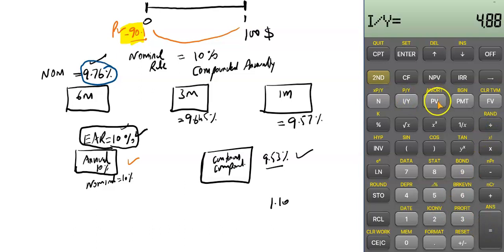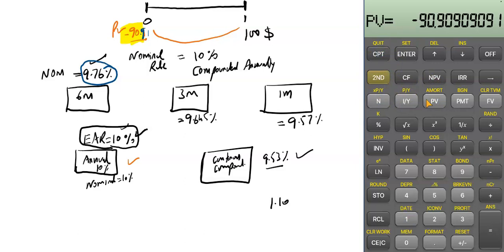Now compute the PV. I have already put 100 in the future value, 0 in the PMT. So compute PV, that will be 90.91. This is 90.91 by the way. Even in the previous example, when we put the 10% and N as 1, it was 90.91.